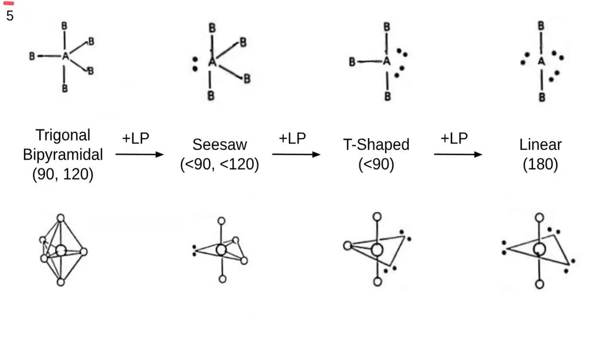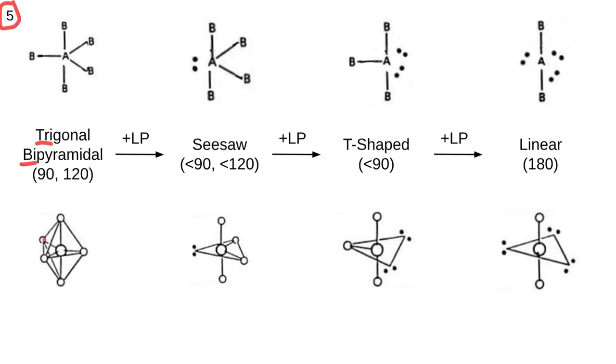Now, let's move on. Steric number 5 over here, okay? So the way you remember this, trigonal bipyramidal. 3 and 2 is 5, right? Another way you can remember this is there are 2 pyramids here, right?